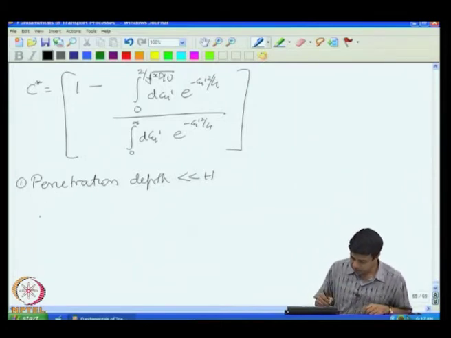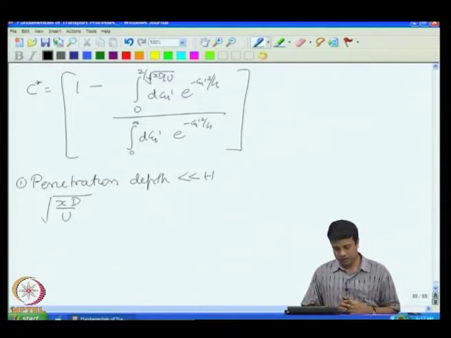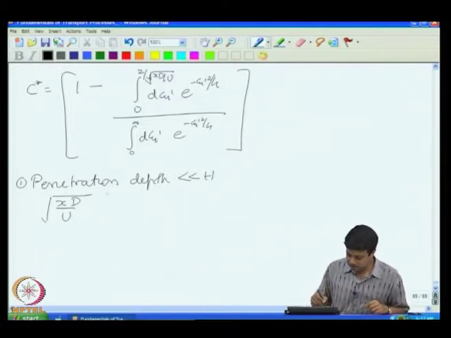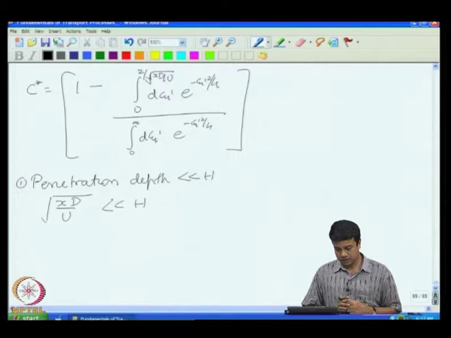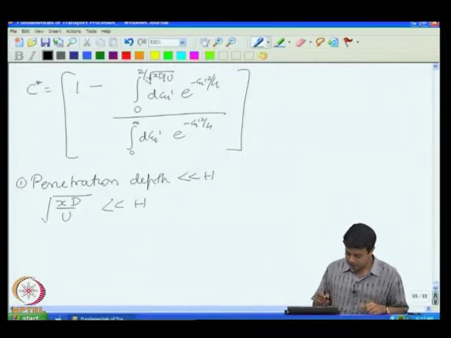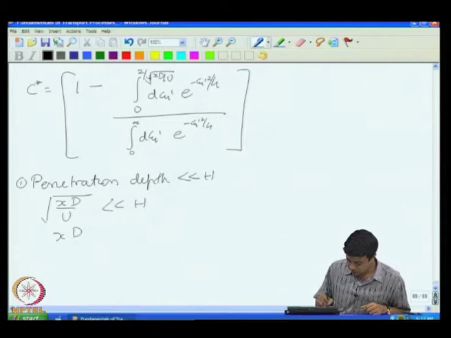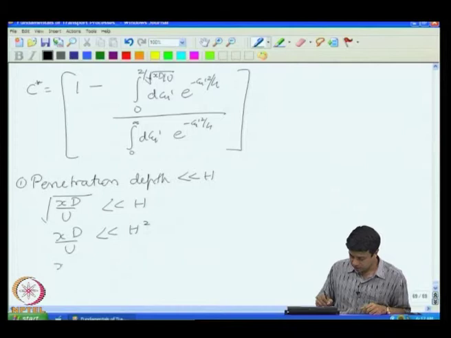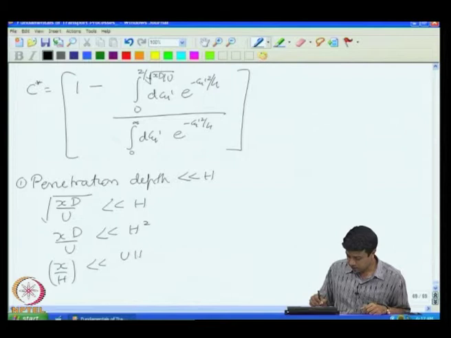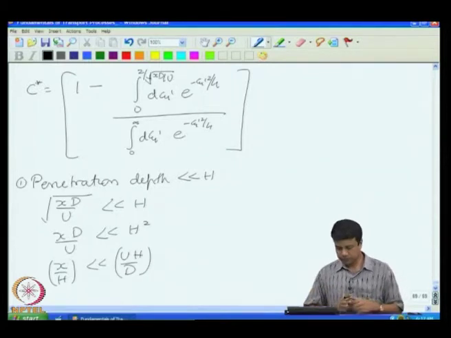In this case, the penetration depth is square root of x d by u. This has to be small compared to h. That means that x d by u has to be small compared to h square, or x by h has to be small compared to u h by d. So, this is the first assumption.